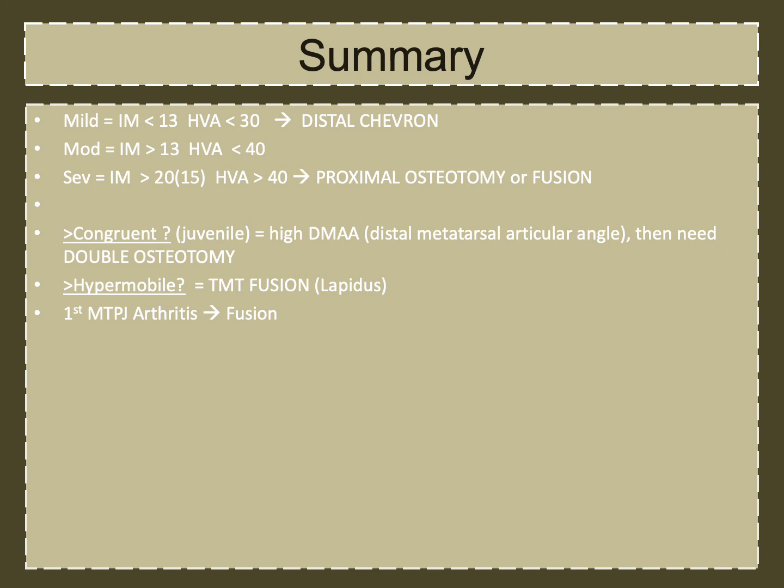And for hypermobility, you really want to think about a TMT fusion, meaning a lapidus, for hypermobility without something like Ehlers-Danlos or Down syndrome or some of those other hypermobility things. For those, then you want a first MTP fusion.